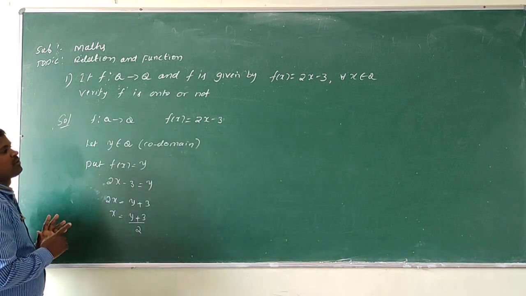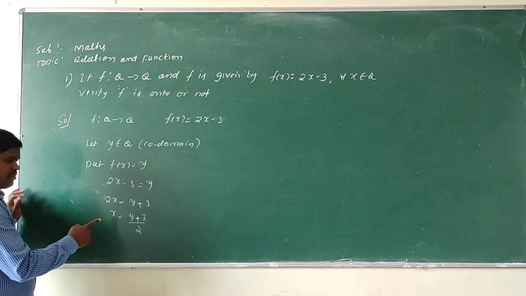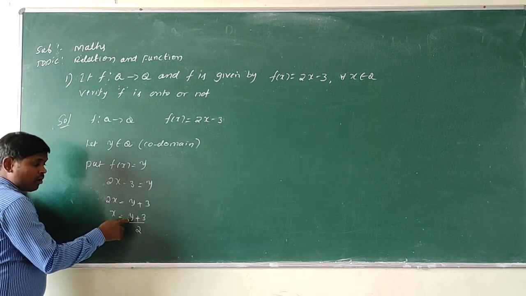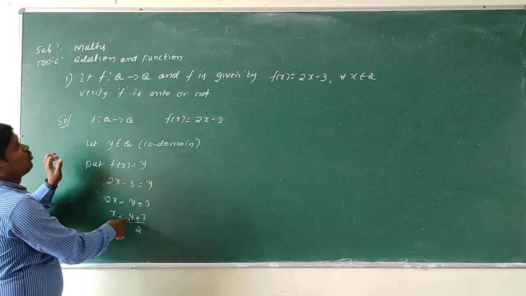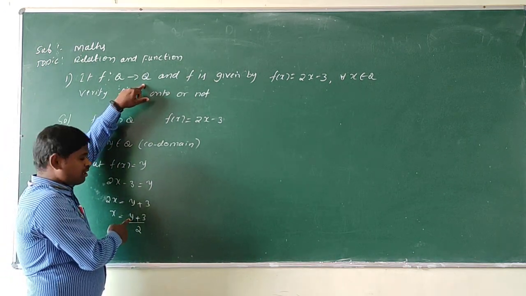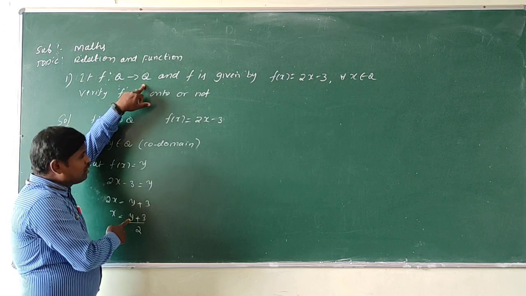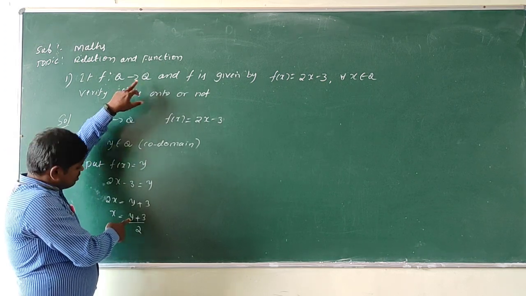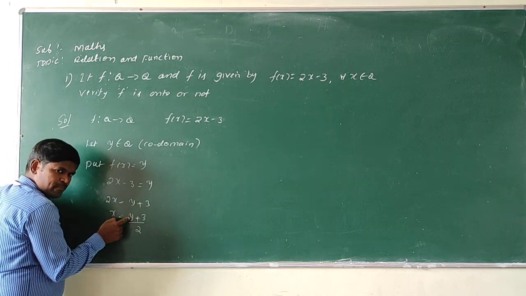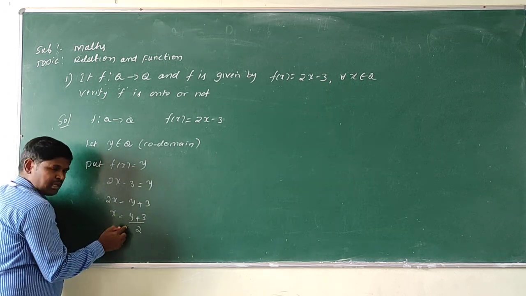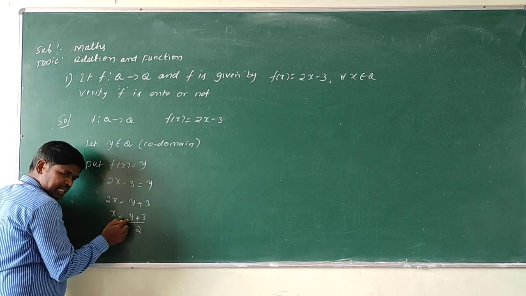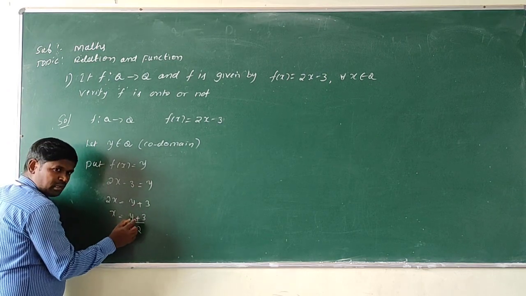So clearly we observe that, or we have verified that for all y belongs to codomain, suppose we take any element which belongs to codomain, there exists an element x. Suppose if we put y equal to 1, then we get one number. If 2, we get one number. If 3, then we get one number.